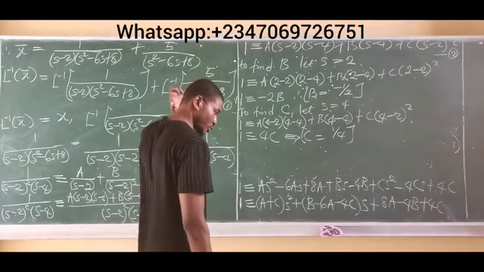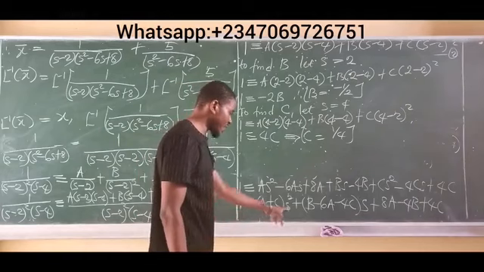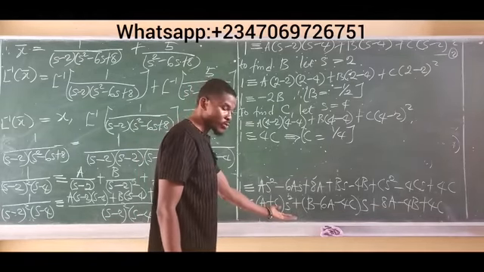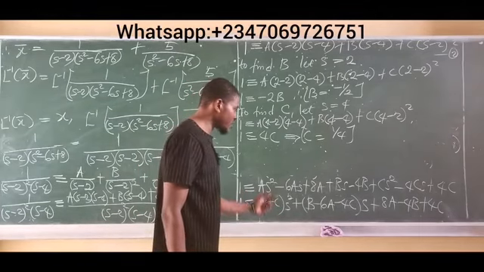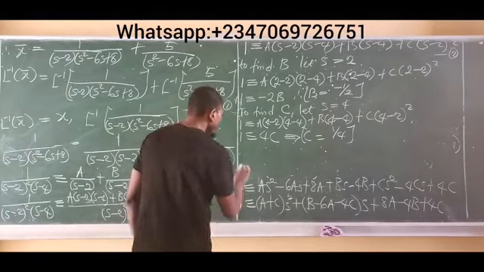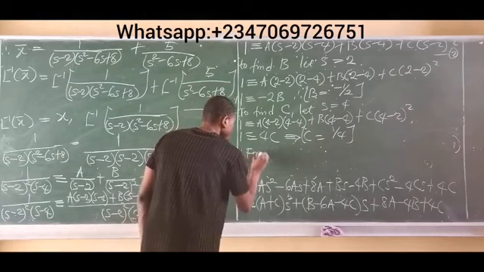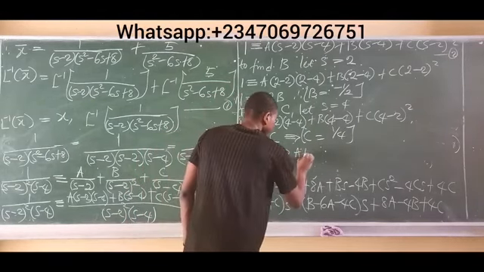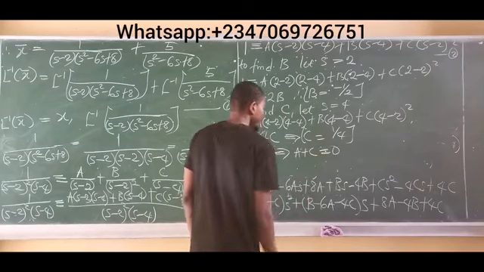There is no term that contains x squared, so the coefficient of x squared means a plus c is equal to 0.